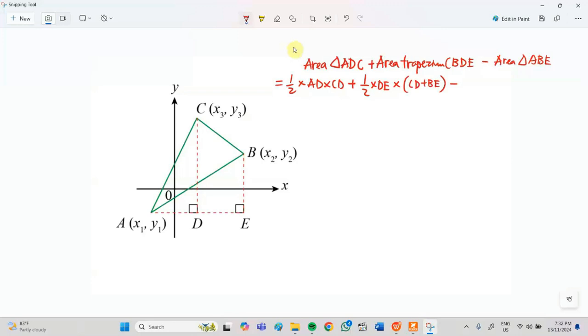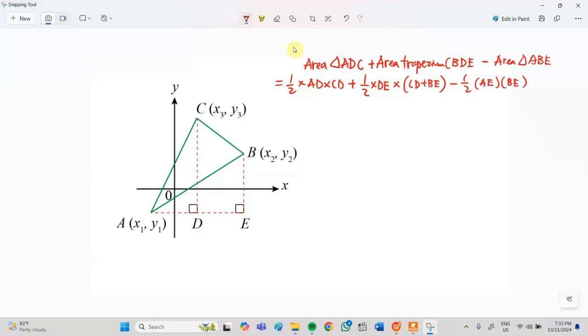And then the area of ABE will be 1 over 2 times the base AE and the height BE.